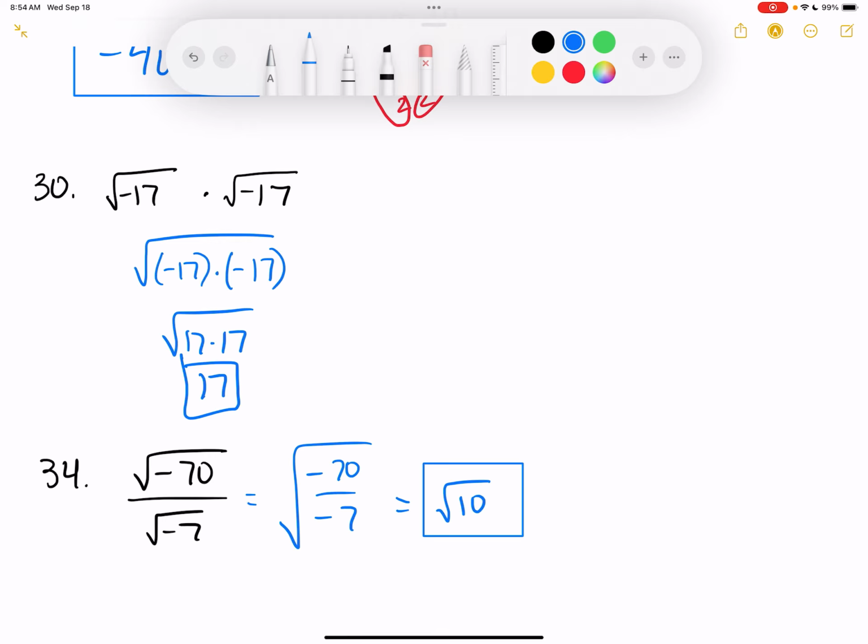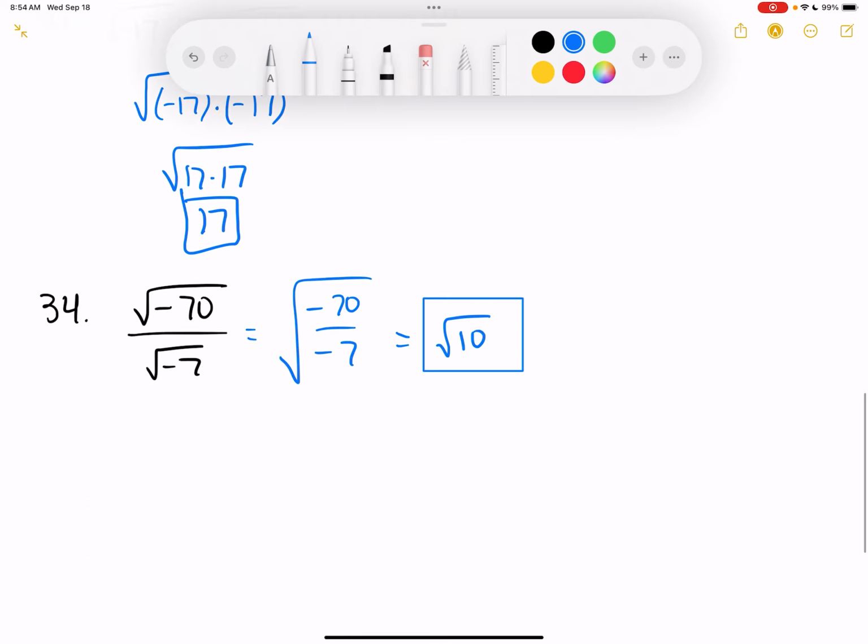Let's see, 40. I've got the square root of negative 12 times the square root of negative 6 over the square root of 8. So I'm going to multiply across the top first.